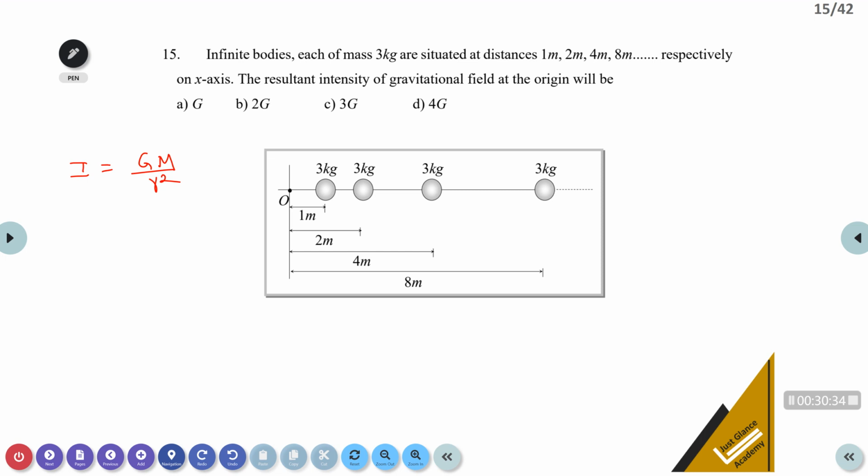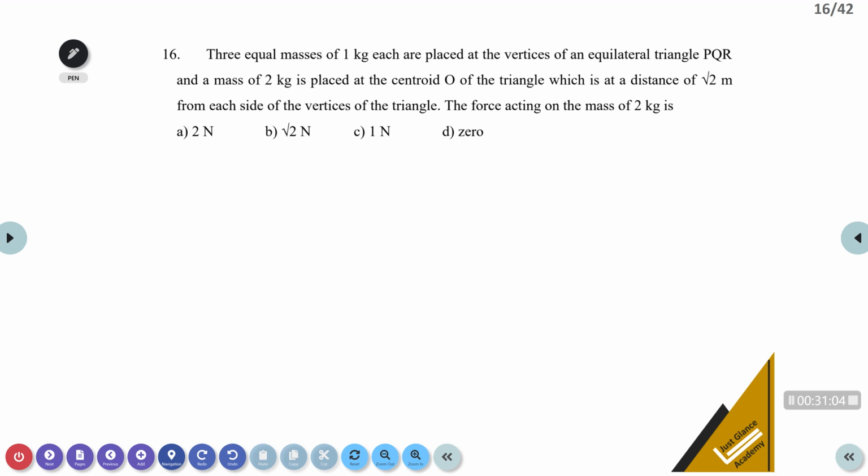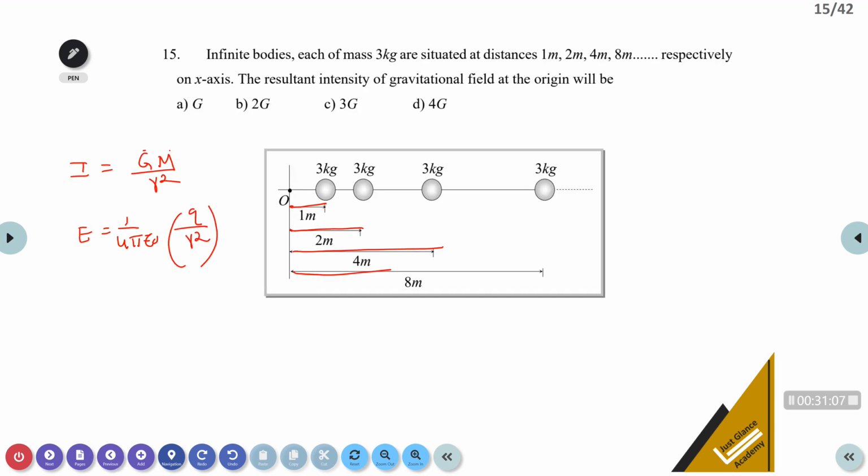Just like in electrostatics, electric intensity equals 1 divided by 4 pi epsilon naught into Q divided by r square. Same thing, of course G and M come. All are 3 kilograms, no? But the first body is at a distance of 1, the second body 2, the third body 4, and the fourth body 8 meter, like this.